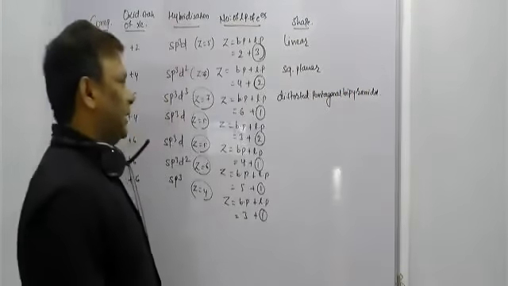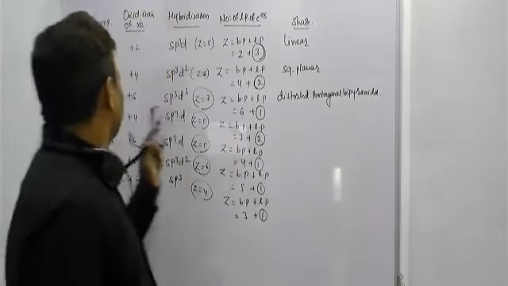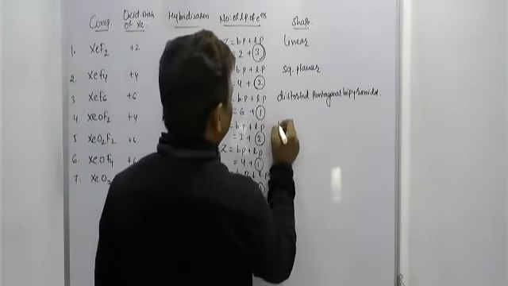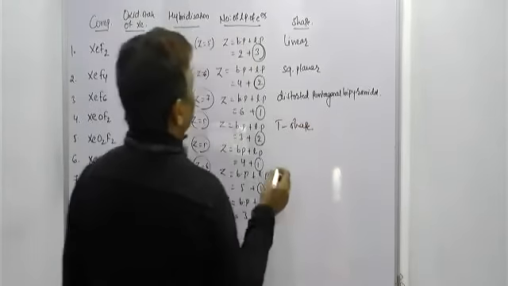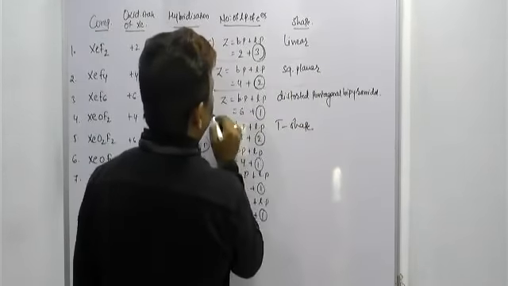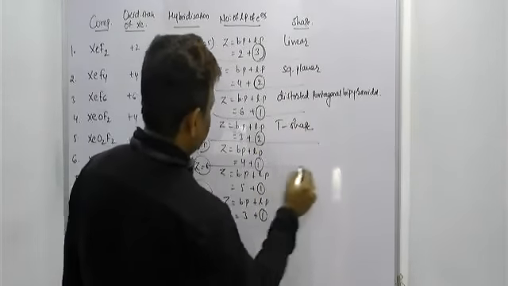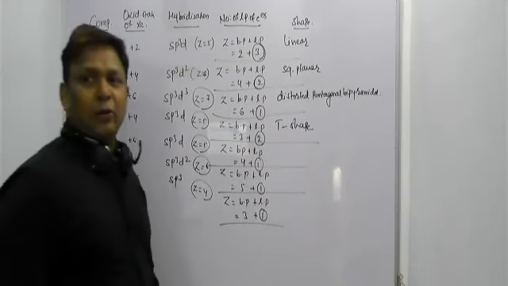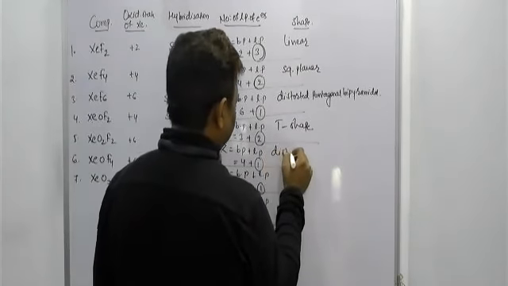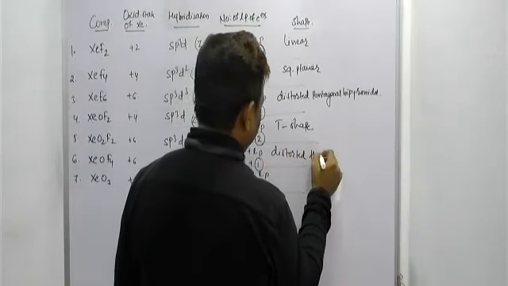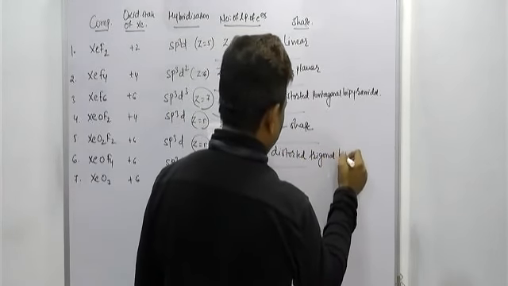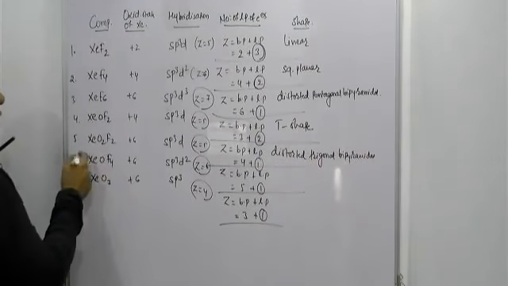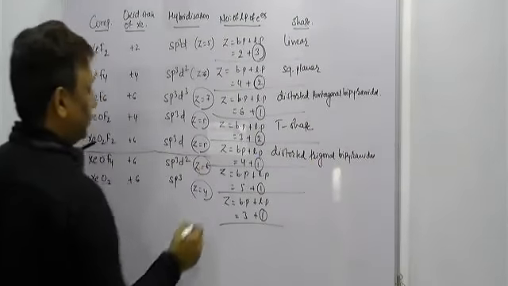Distorted pentagonal bipyramidal is the shape of XeF6. Then another one is XeOF2. It becomes T shape. How does it become T shape? Distorted trigonal bipyramidal is the geometry, and T shape is the shape for XeOF2, right?